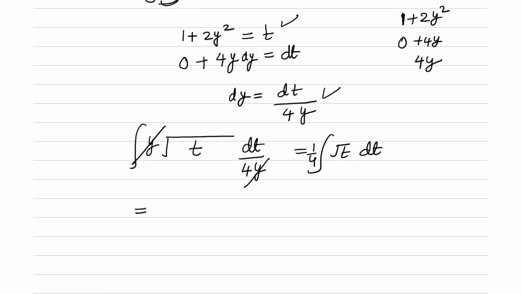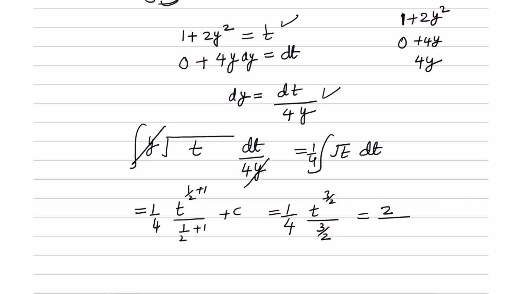And we can solve this integral by the power rule of integration, which is by adding 1 to the power 1 by 2. In the denominator we have 1 over 2 plus 1, some constant. We can write it as 1 over 4 t power 3 by 2 over 3 by 2, and when this 3 by 2 goes up it becomes 2 by 3. 2 divided by 3 into 4, which is 12.